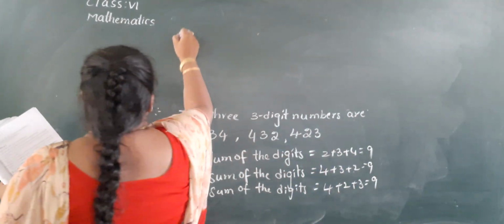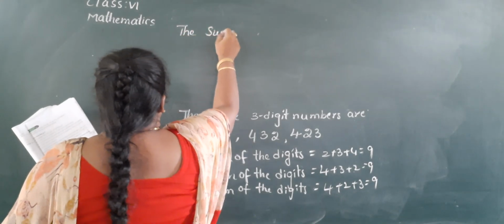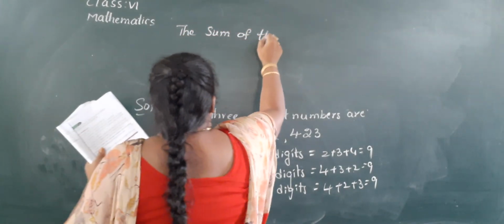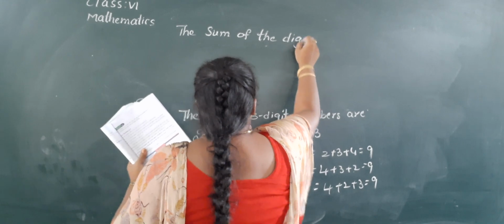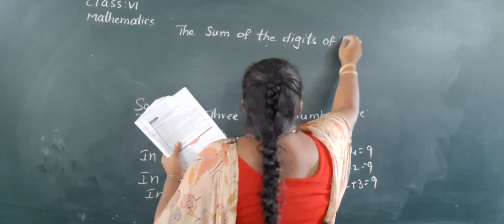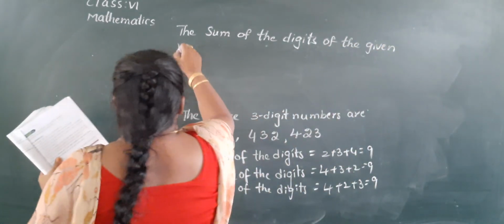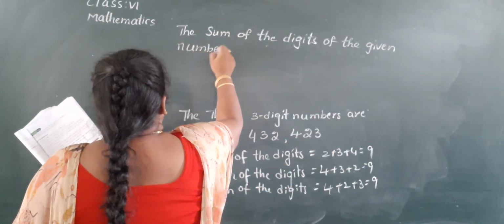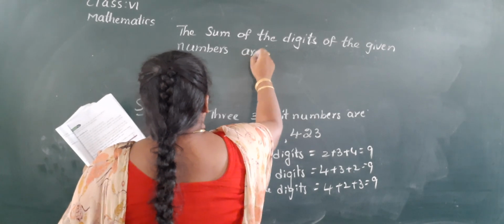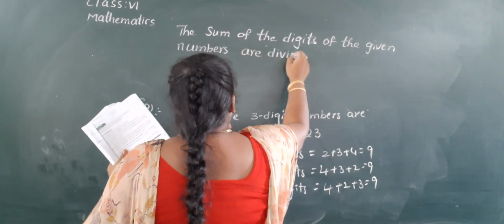So, here write: the sum of the digits of the given numbers are divisible by 9.